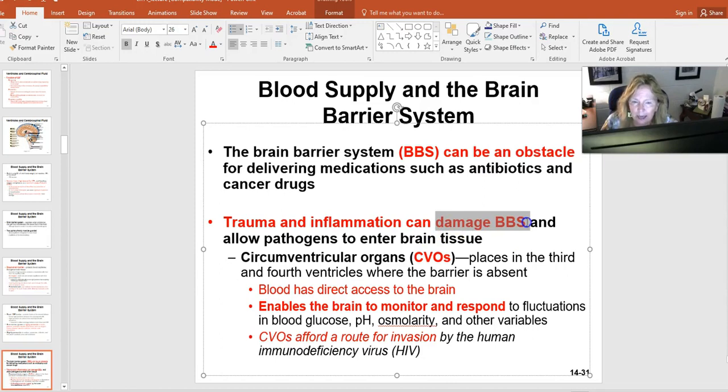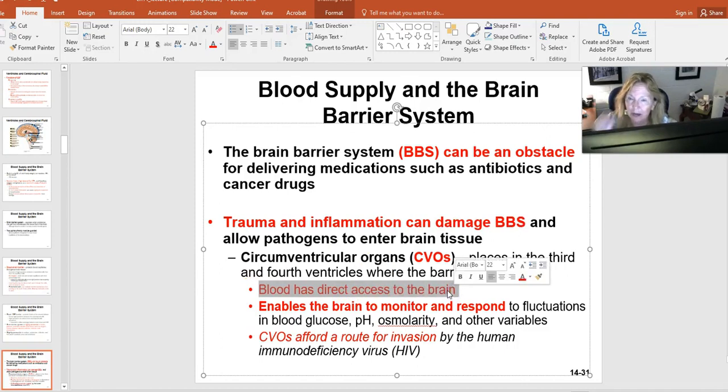If that ends up happening, then this is going to make a person so much more susceptible to having infections. There is one area of the ventricles, between the third and the fourth ventricle, where blood does have direct access to the brain.